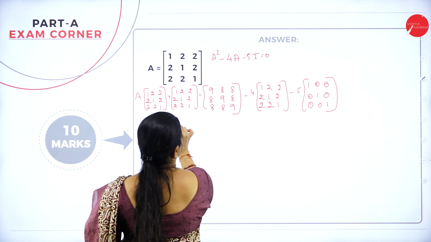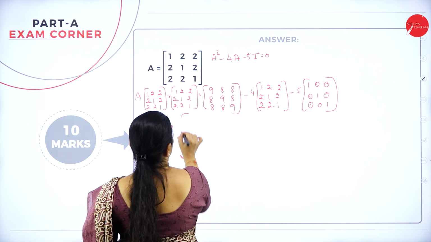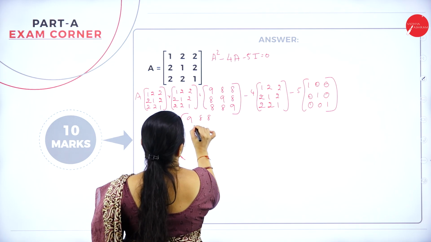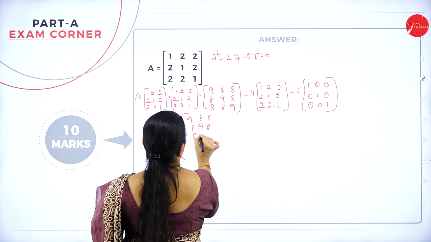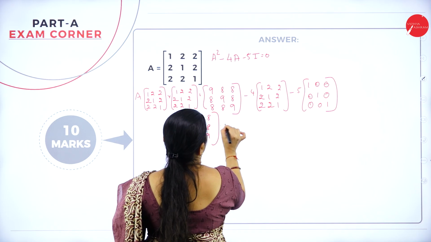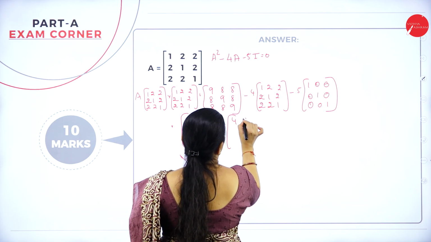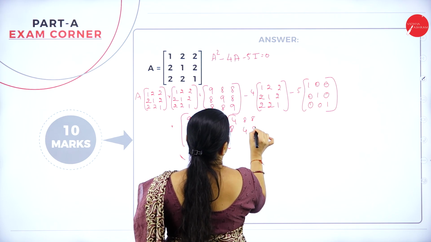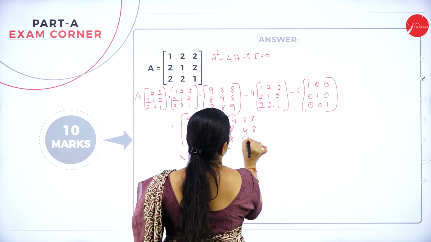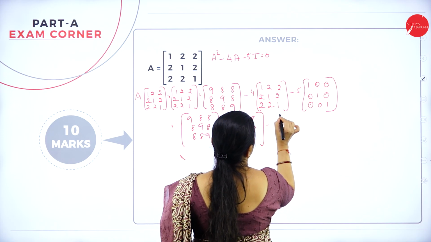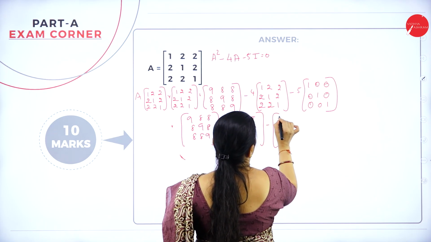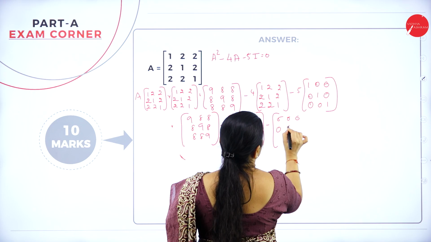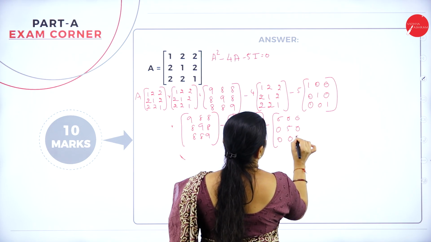So this will be equal to 9 8 8 8 9 8 8 8 9 minus 4 8 8 8 4 8 8 8 4 minus 5 0 0 0 5 0 0 0 5.